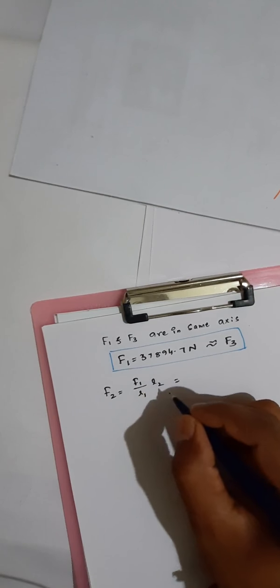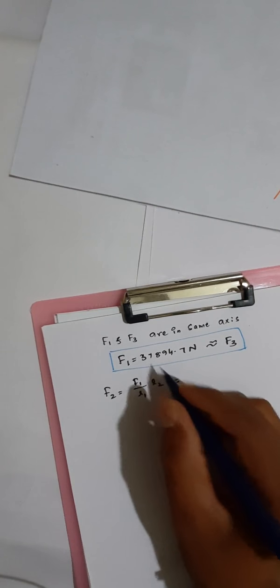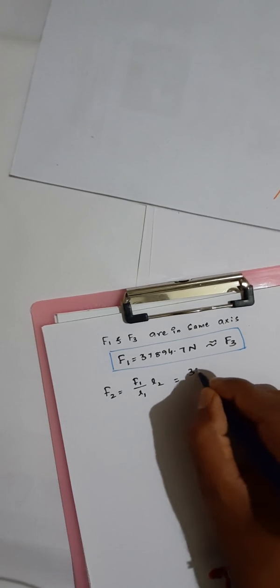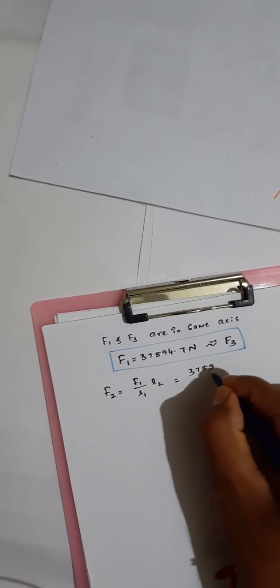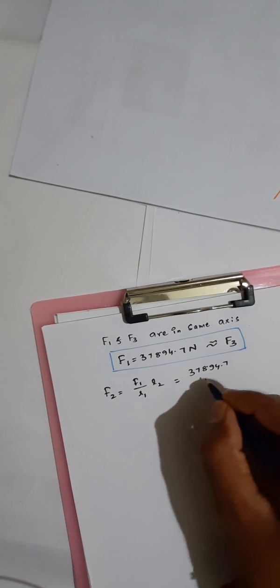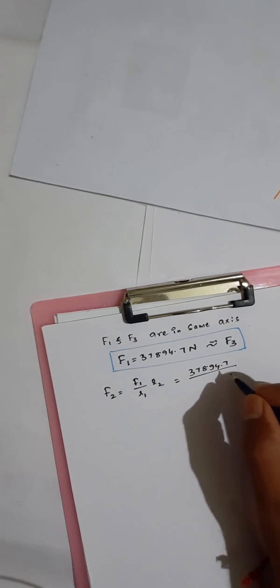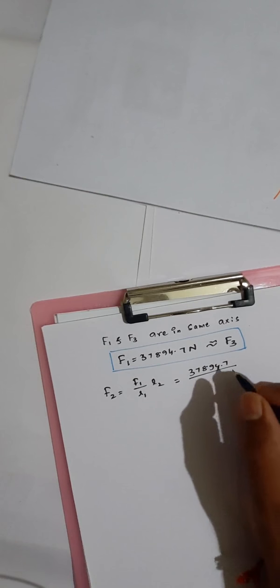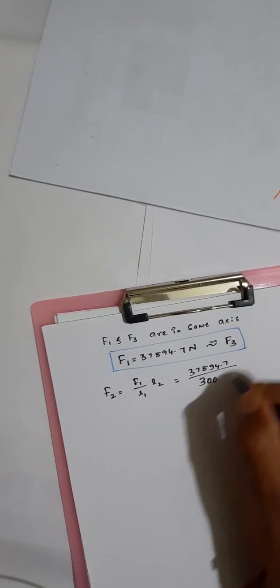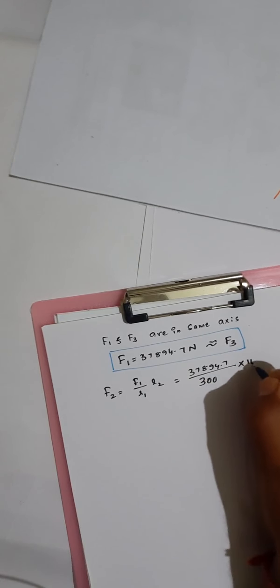If we substitute the values into this equation, we know the value of F1, that is 37,894.7, divided by, we know the value of L1, L1 is equal to 300, into, we know the value of L2, that is 100.